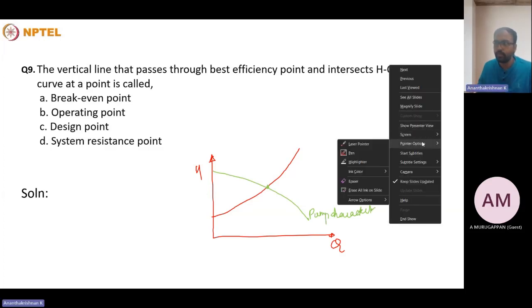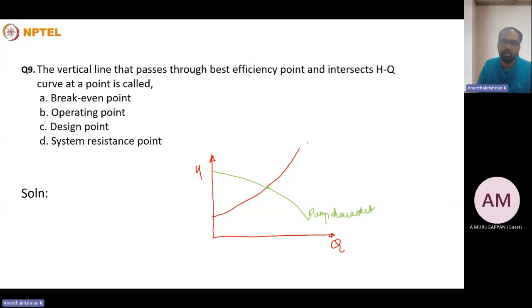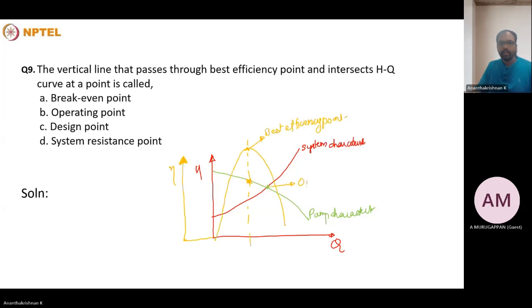So the meeting of these two, the system characteristic as well as the pump characteristic line, is called the operating point. This is the operating point, and this is the design point, the intersecting point of the line that we draw from the best efficiency point, where it meets the HQ curve of the pump. That is called the design point. So the answer to this problem is the design point.